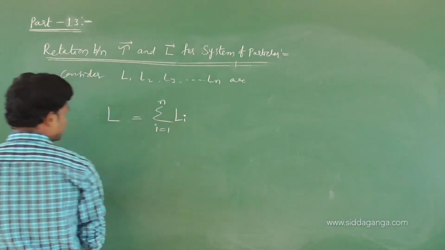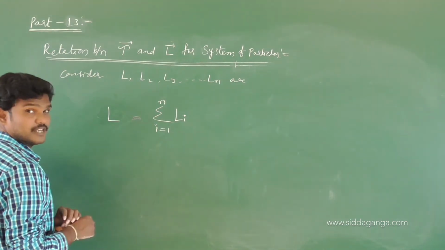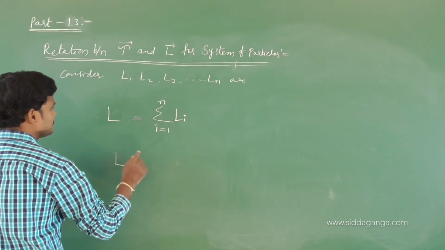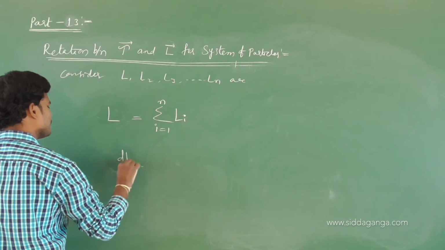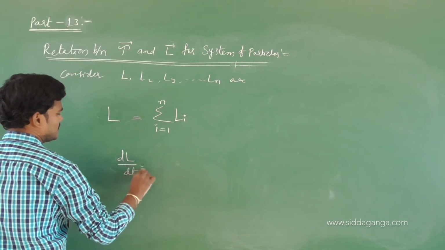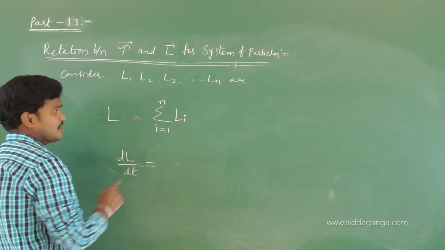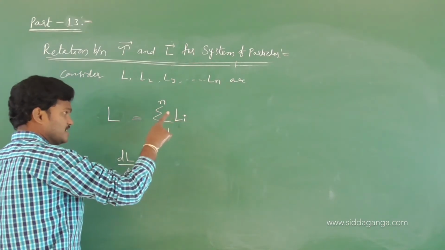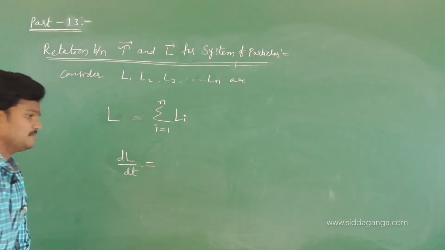And if you apply differentiation with respect to time, you will get dL by dt. This we can write, for the particles, as mvr, so we can write as m particles.